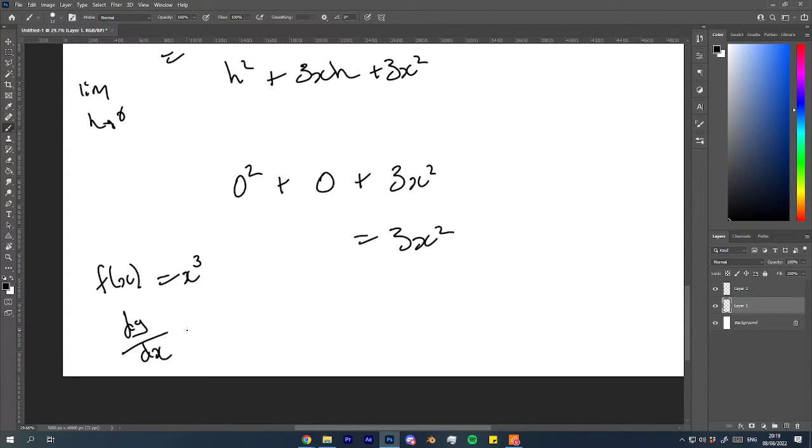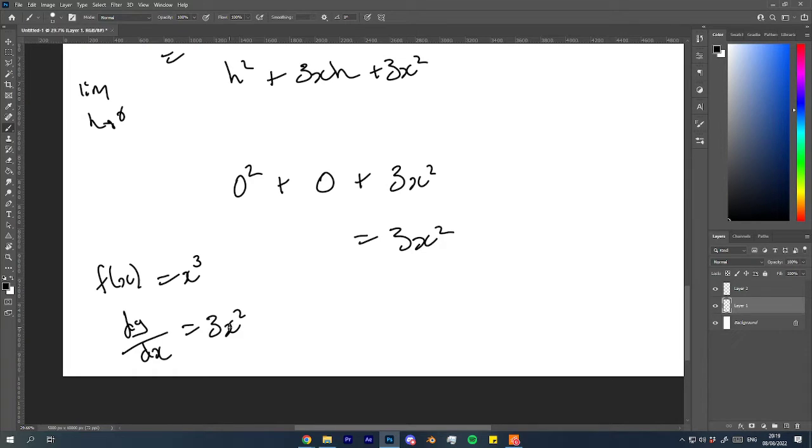So you can just straight away say dy by dx. This is a way to tell us that it's been differentiated. D means a very small value, and that's why we have h approaches 0. So we can just say dy by dx equals 3x squared. We don't have to go through all of that.